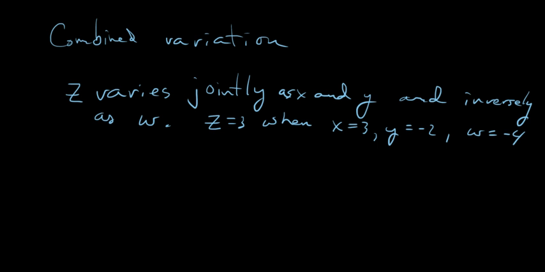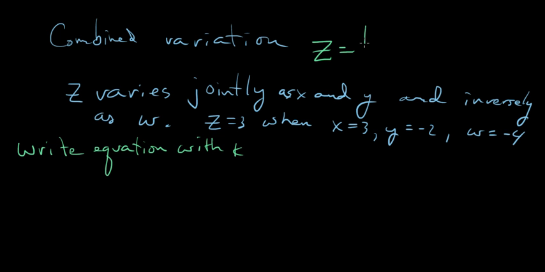So, what are we going to do with all this? First, we're going to write an equation. Or, I should say, we're going to find k. So first we have to find k. What in the world do we do? Z varies jointly as x and y. So what we can say is z equals k, x, and y, and then it inversely as w.